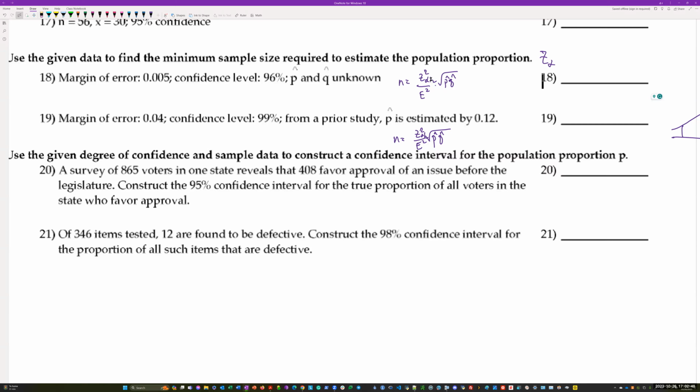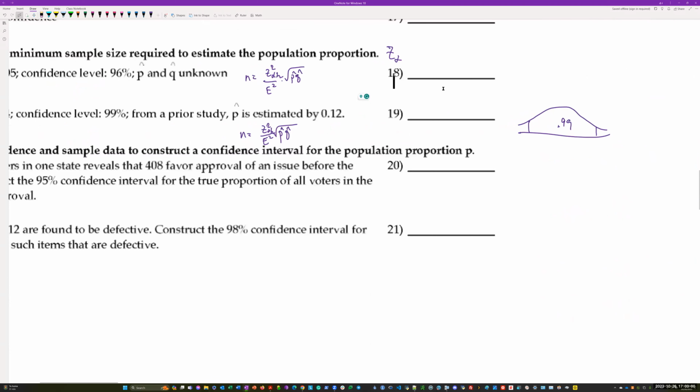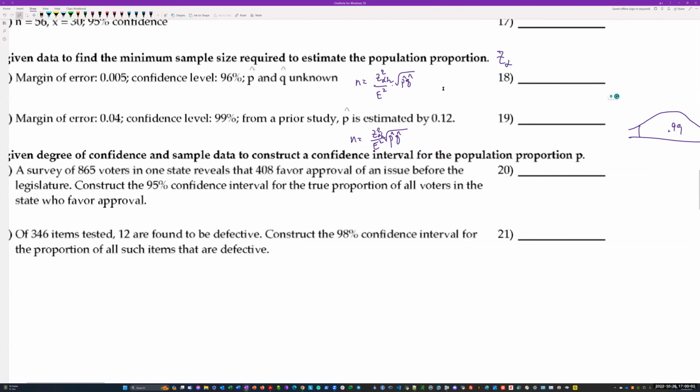What should you be drawing? Yep, a normal distribution. With what though? What do I label? The only thing I've asked you about so far is the confidence level. What does the confidence level have to do with Z? What does it have to do with the picture? How do you label the picture with respect to a 99% confidence level?